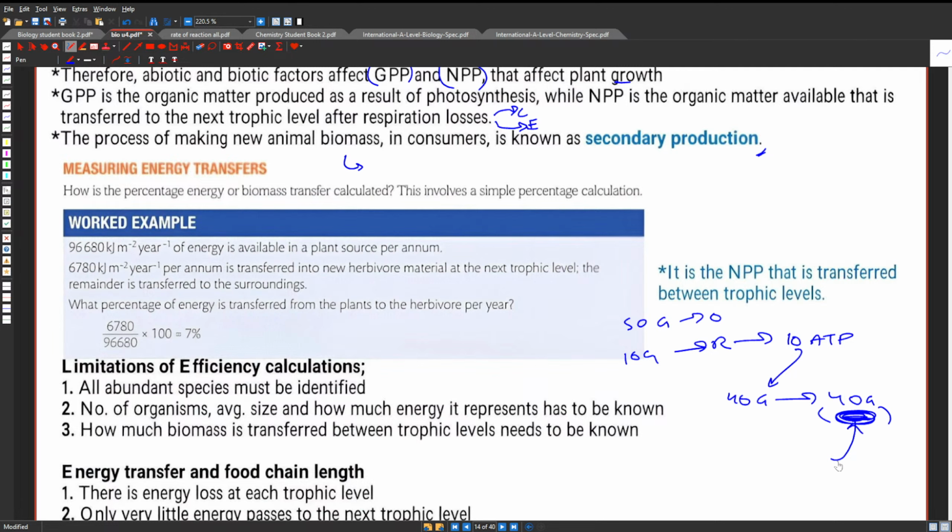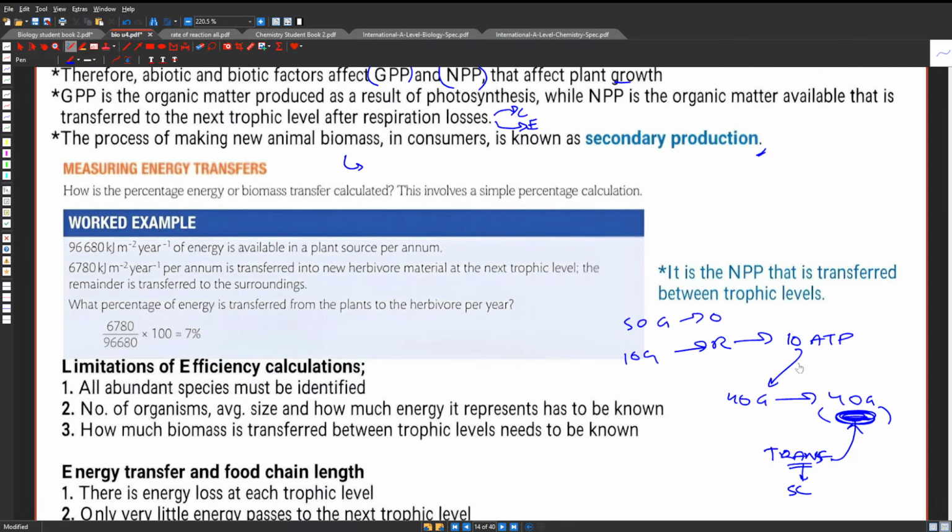40 grams. Now this 40 grams can obviously be transferred to your secondary consumer, a consumer higher up in the higher trophic level.